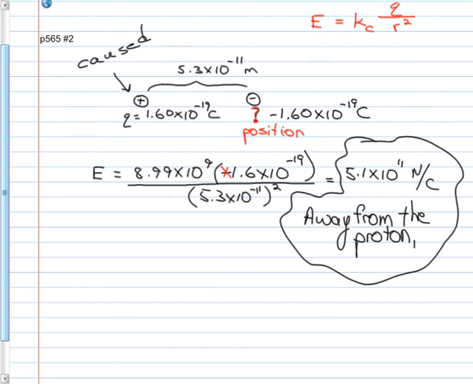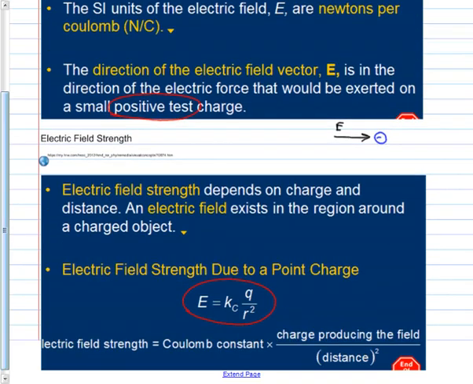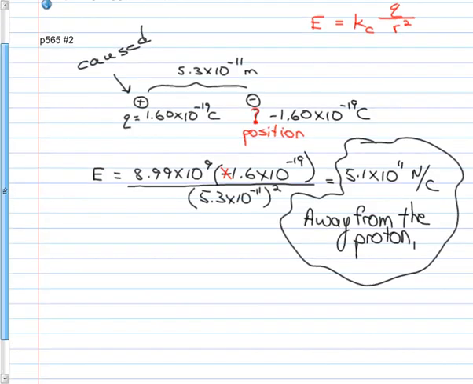Your number is going to be the same whether you use a negative or a positive here. We don't determine the direction from the sign of this. We determine the direction from our rules back here that said the direction of an electric field vector is the direction that would be exerted on a positive test charge. So why do we take out the negative from the number?